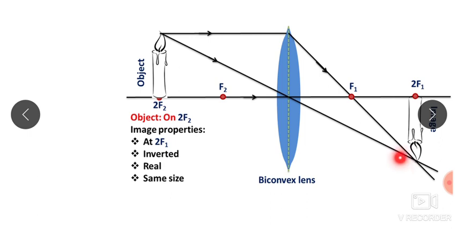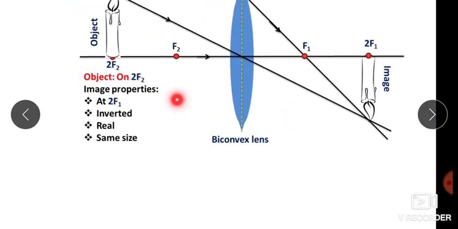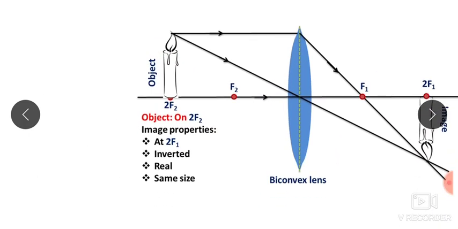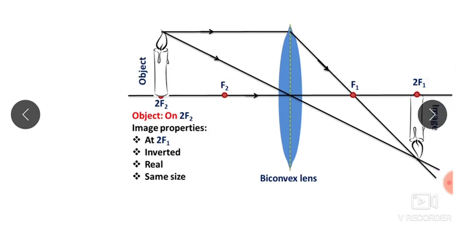So now this size and this size are both equal. Talking about image properties when we take the object at 2F1, that is, the center of curvature, it forms exactly on the other side at 2F2 distance, and the image is inverted, real and the same size.